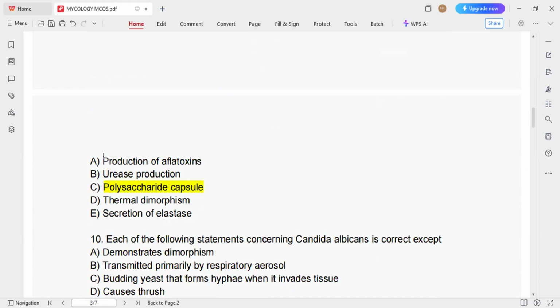I don't know if you had heard of aflatoxin before even learning this. It's quite common, especially in poorly stored maize. Aspergillus fungi can cause the formation of aflatoxin. Urease production, so this is more of bacteria. Thermal dimorphism.